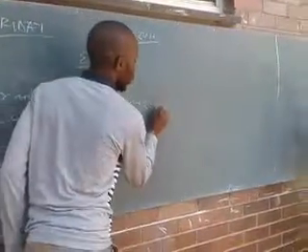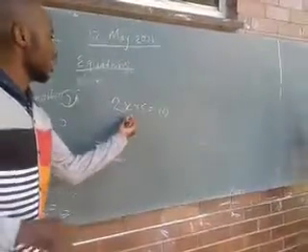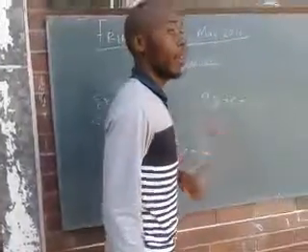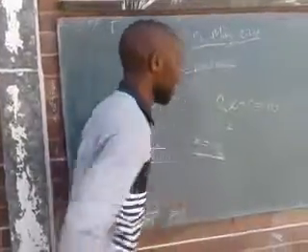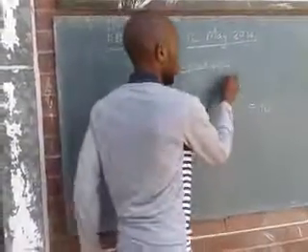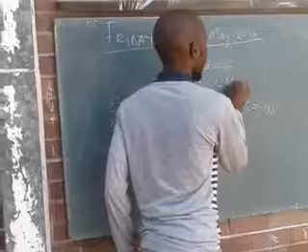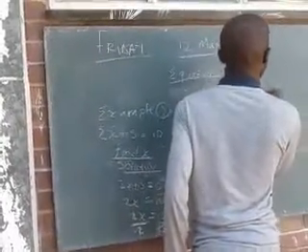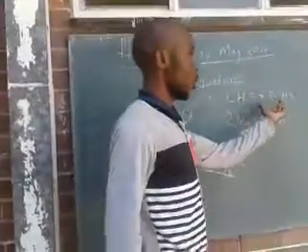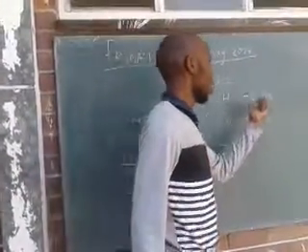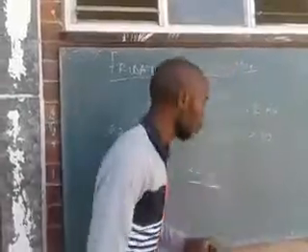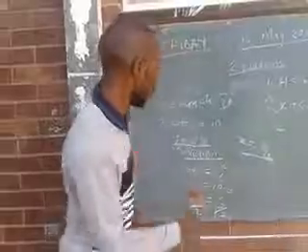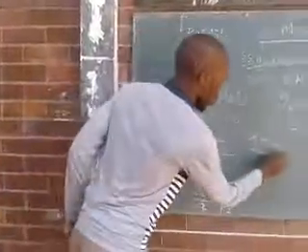Then you replace your x in the equation and simplify. If our answer is correct, the left hand side is supposed to be equal to the right hand side. So now we have our x, and you will replace it.